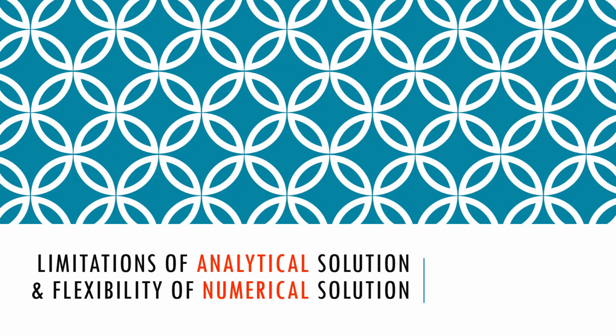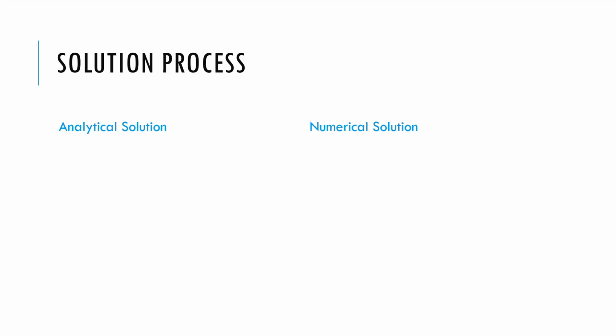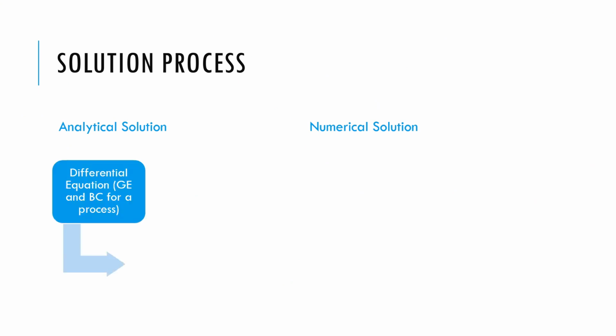First, we want to have a general idea of the benefits of a numerical solution over an analytical one. Here we want to contrast the numerical solution with the analytical solution process. In an analytical solution, you start from a differential equation, which is the governing equation, and the boundary conditions for a process, and you solve it.